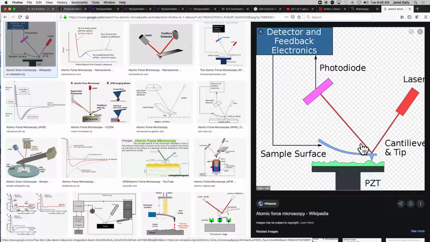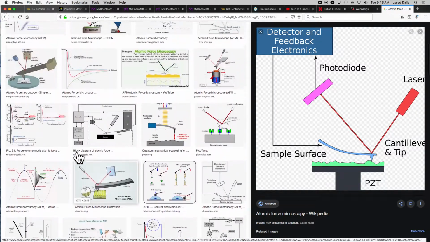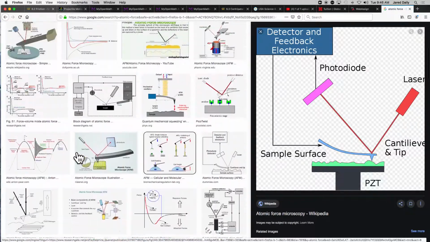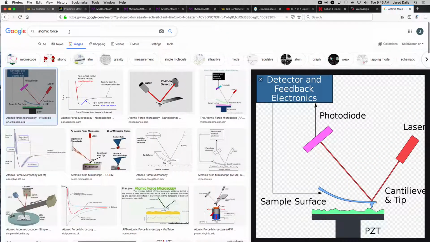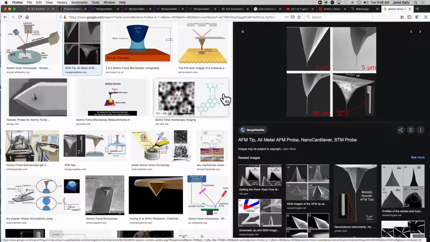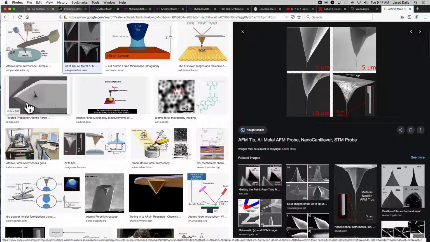But instead of just a regular old needle down here on the end, it has something really impressive. Let's see if we can find an image of it. This needle is usually very, very tiny. So this is what it would look like if it was put under a normal microscope.